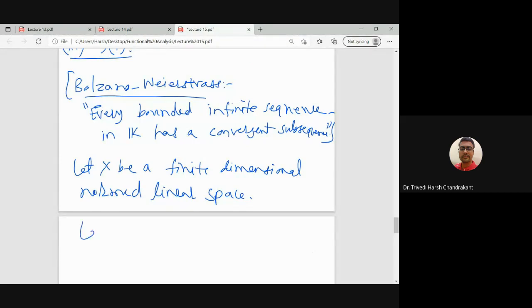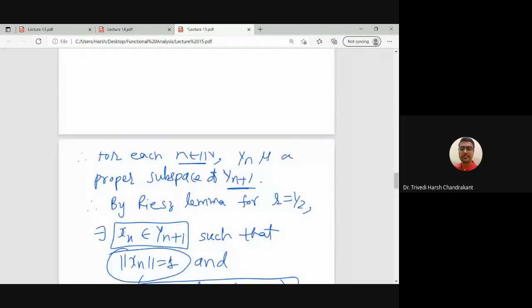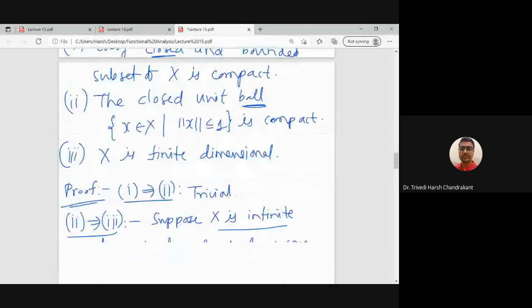So let y1, y2, ..., ym be a basis of X. Now what we want to prove is that every closed and bounded set is compact, right? So that is what we want to prove.